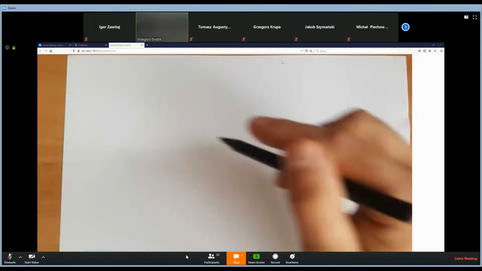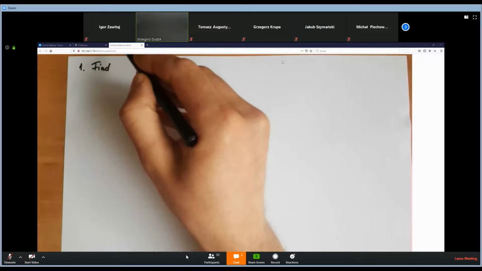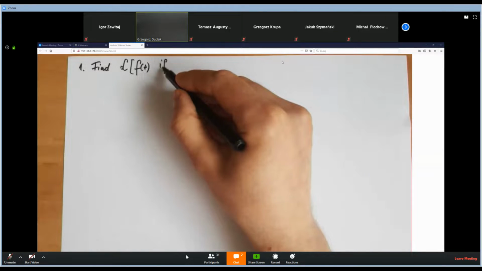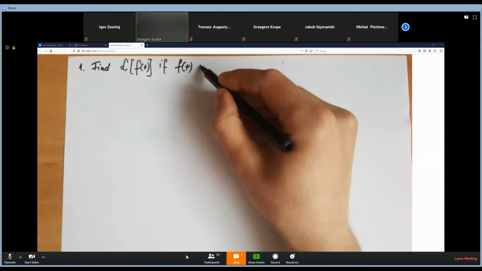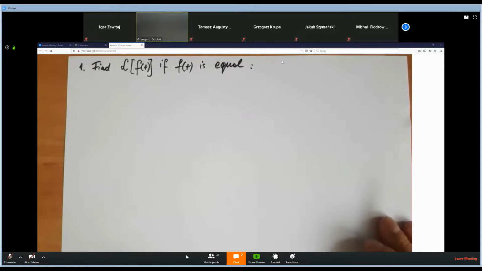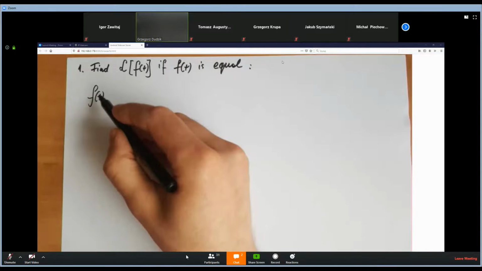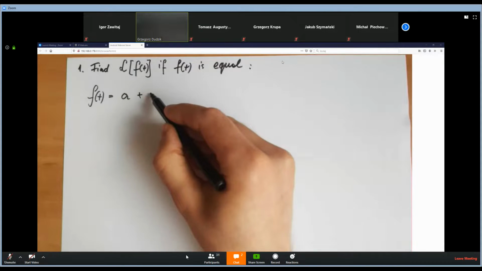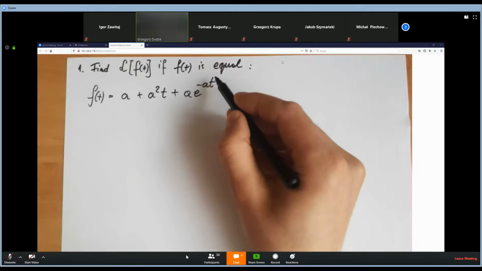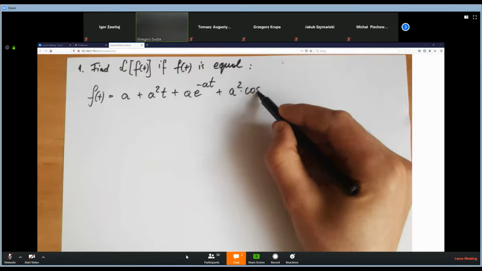Great. So first example. Find the Laplace transform of the function f(t) if f(t) is equal to, okay, the first function in the time domain looks like that: A plus a squared t plus a e to the power of minus at plus a squared times cosine of omega t.